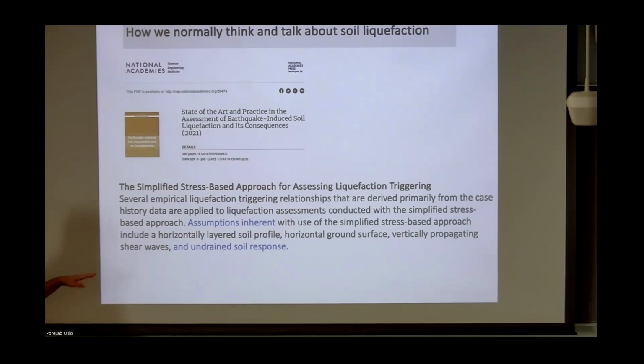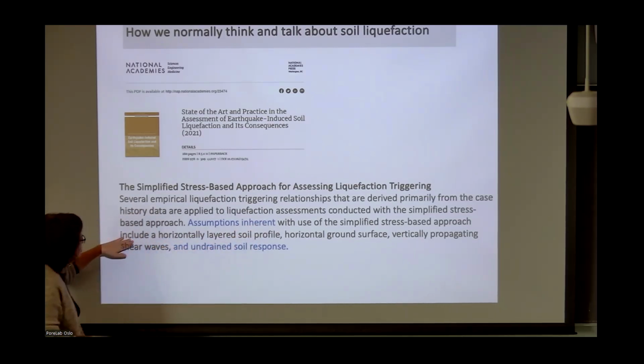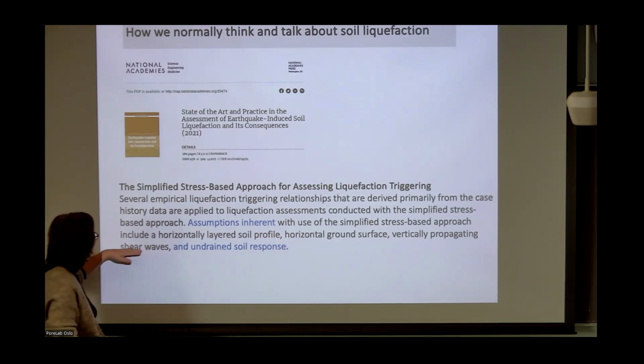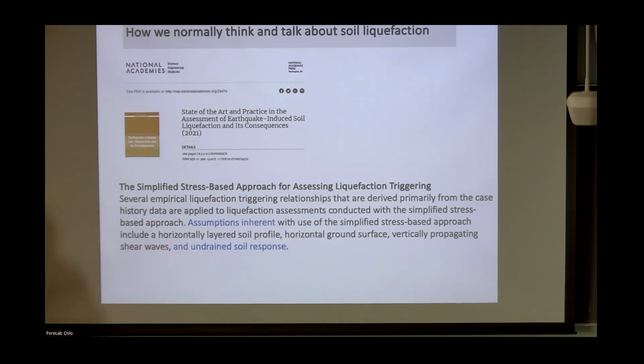In this report they assume a simplified stress-based approach, including horizontally layered soil profile, horizontal ground surface, vertically propagating shear waves, and undrained soil response. So this is inherent in how all this is done in terms of analyzing hazard for earthquakes.